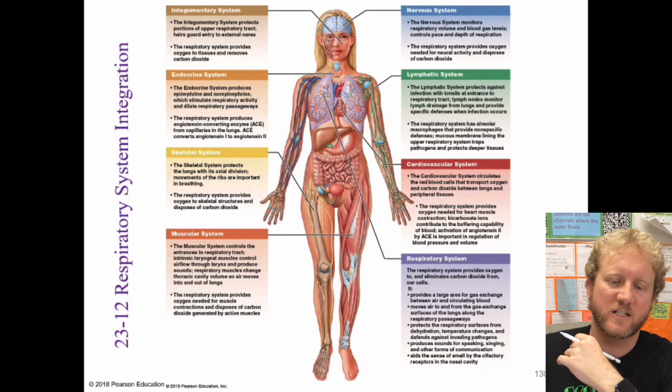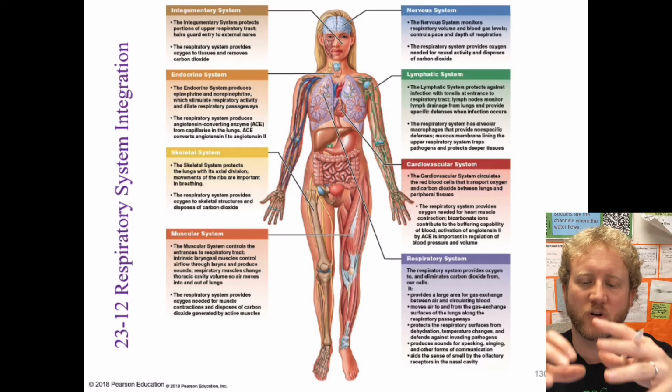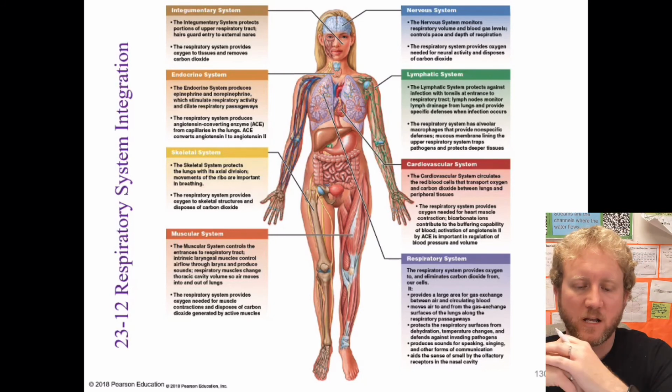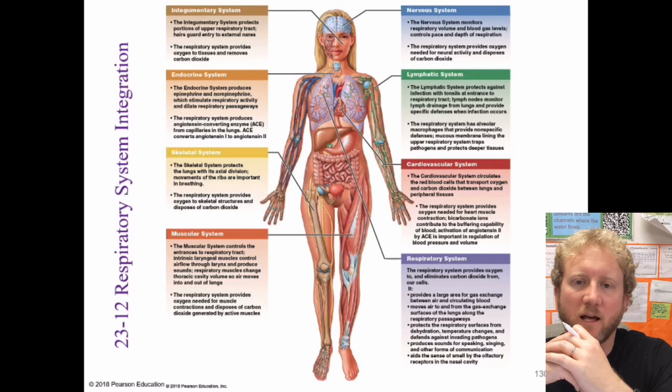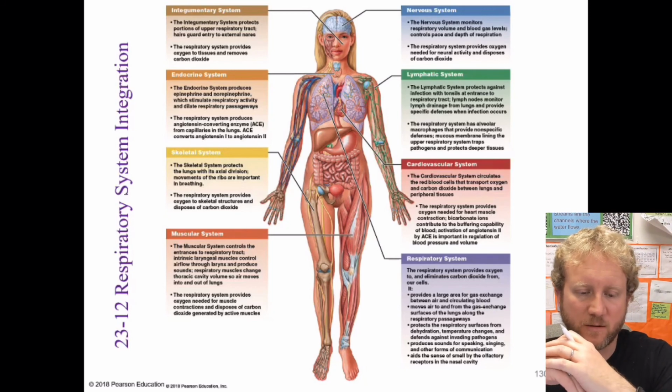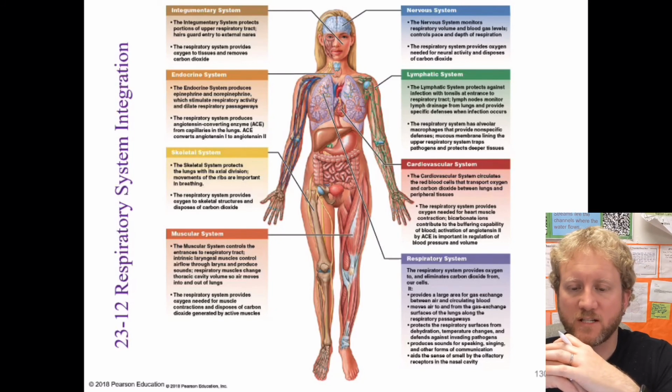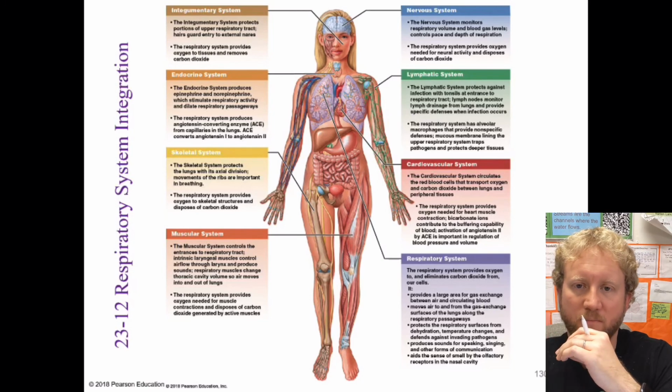Your respiratory system is the main way that you get oxygen for a lot of your other systems. The oxygen that your muscles need is going to come in from the respiratory system. All of the other systems, the nervous system, as far as the cells are working, they're generating carbon dioxide.